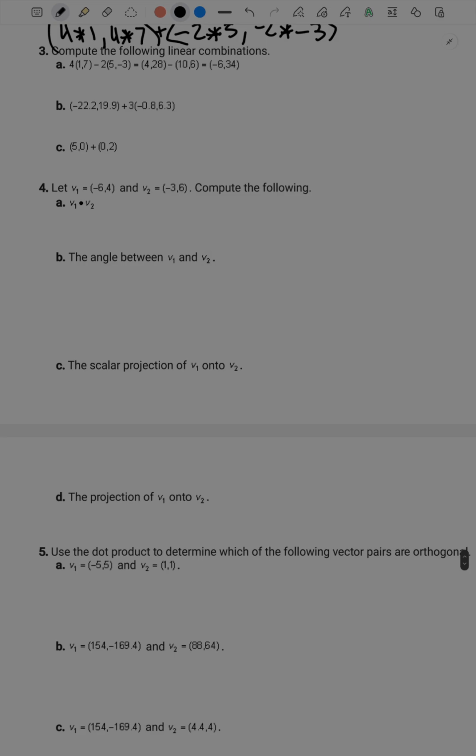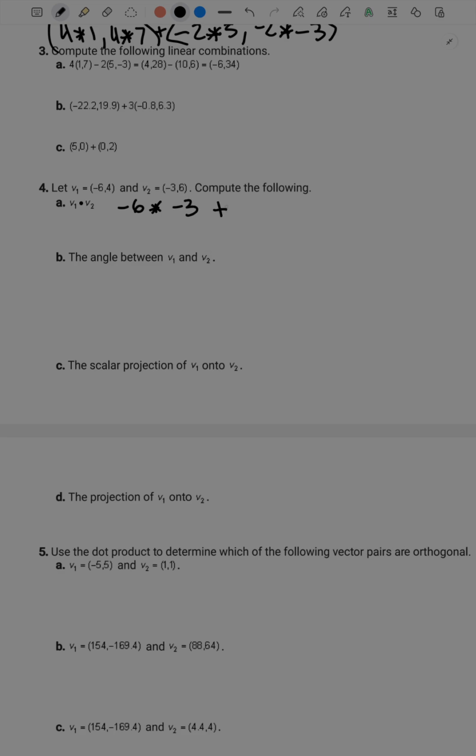Now, problem 4 here is asking about what's called the dot product. So it looks like multiplication, but the dot is typically bigger in size. And the dot product is a version of where you add vectors together. It's very similar. So what you're going to do is multiply the first 2 terms together. So we're going to have -6 times -3.